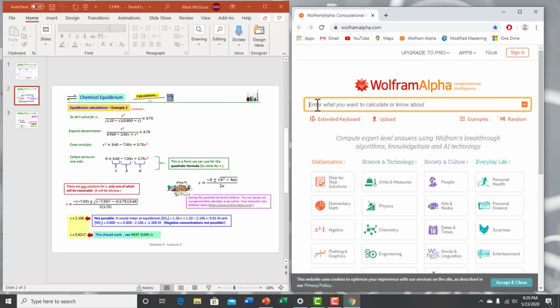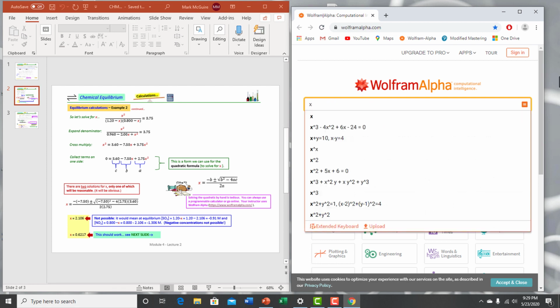And basically, if you type your equation in this box and click this little icon or hit return, you can solve the equation. So let's try it. On this equation right here on the top of the slide, we're going to put in this box.